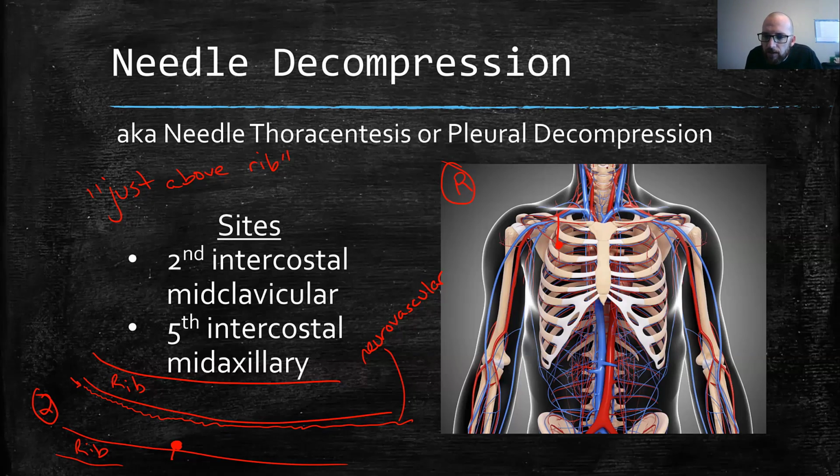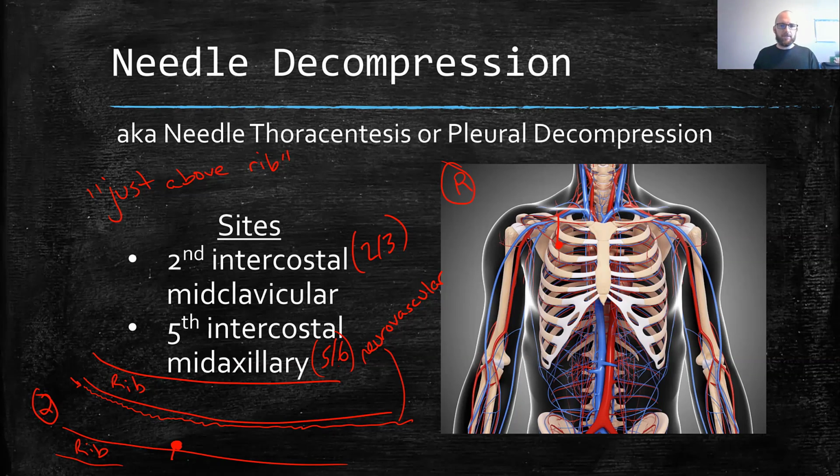If you look really close on this picture, you can see a little blue and red line right underneath each rib. That might be a little bit difficult. It's pretty dang tiny. So just above the bottom rib in the second intercostal space, which is between ribs 2 and 3, or the fifth intercostal space, which is between ribs 5 and 6.